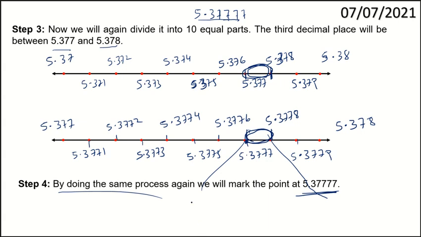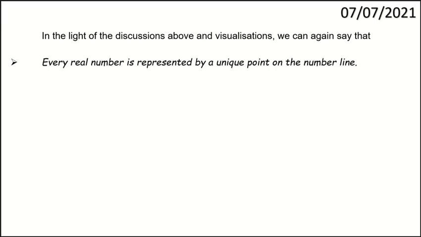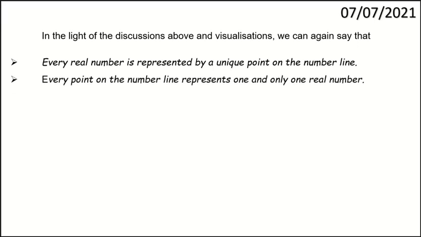Children, in the light of the discussion above and the visualizations, we can again say 2 important points. Point number 1, every real number is represented by a unique point on the number line. Another is, every point on the number line represents one and only one, that means a unique, real number.